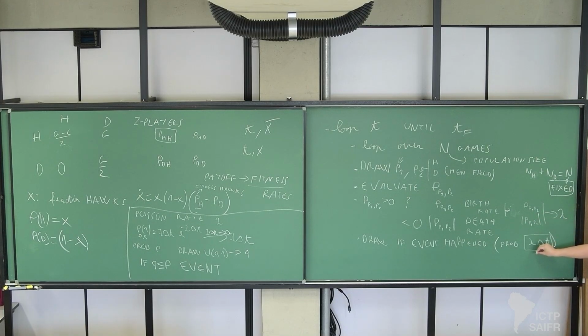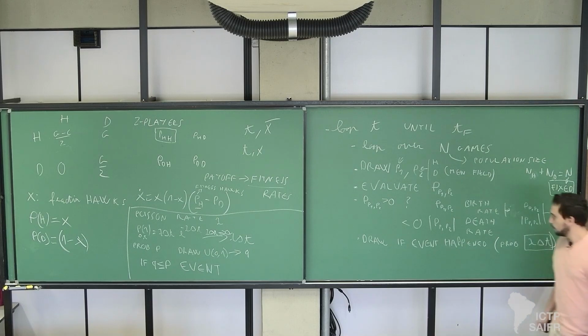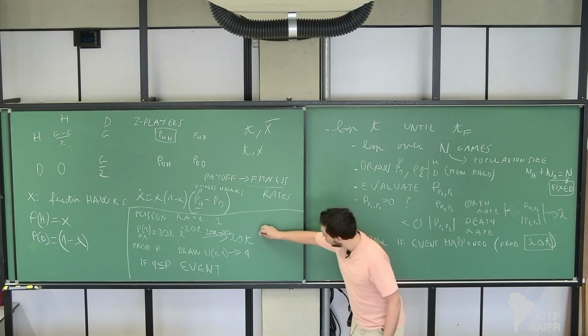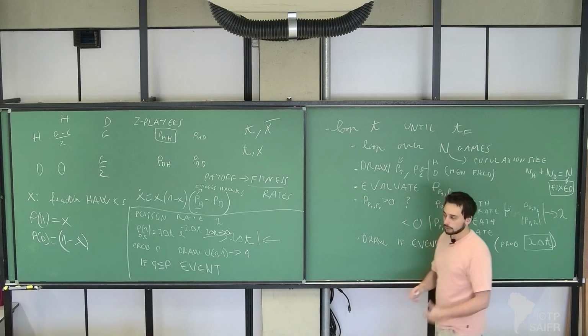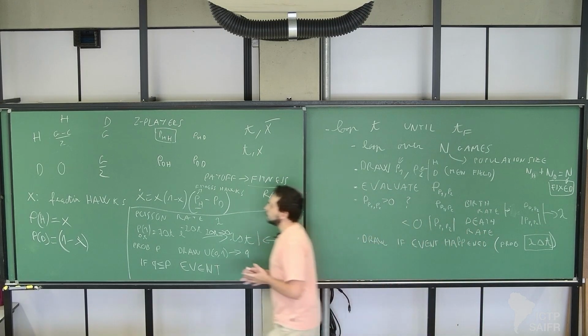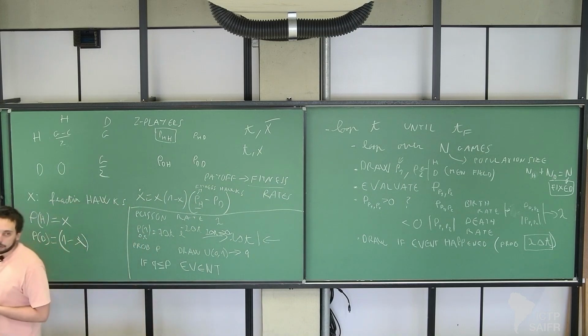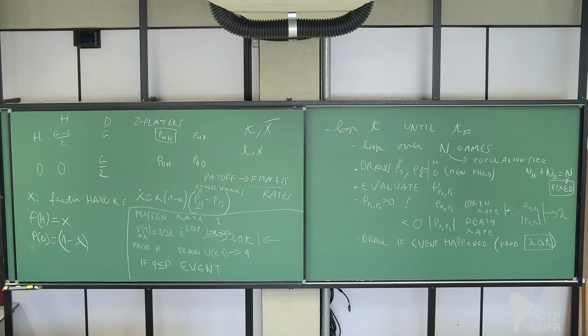Then the probability that an event happens is lambda delta t, because of what I told you here. You can just trust me otherwise.